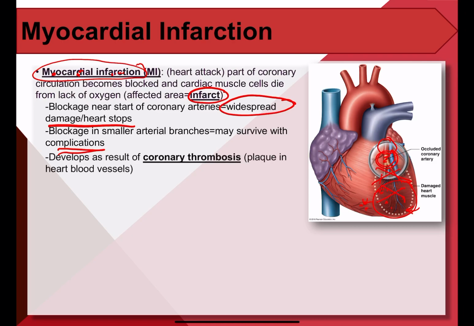What develops that onset of heart attack is coronary thrombosis, where we're talking about plaques specifically within the heart blood vessels, the coronary arteries. The pain that is experienced in a heart attack is very similar to angina pectoris. It's just that it's not only when you're putting workload on the heart.